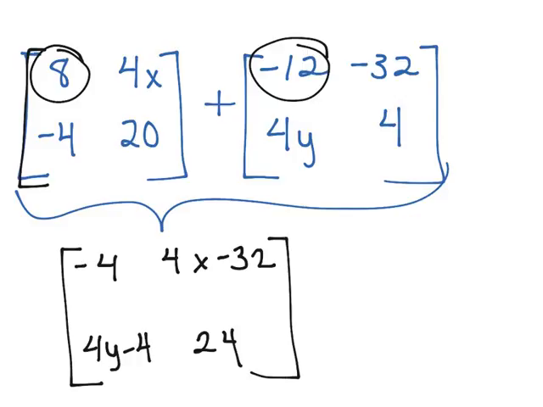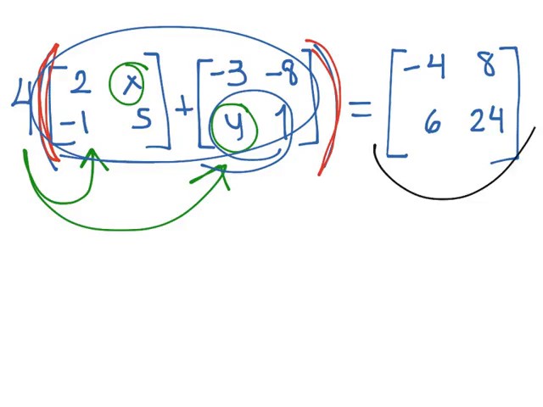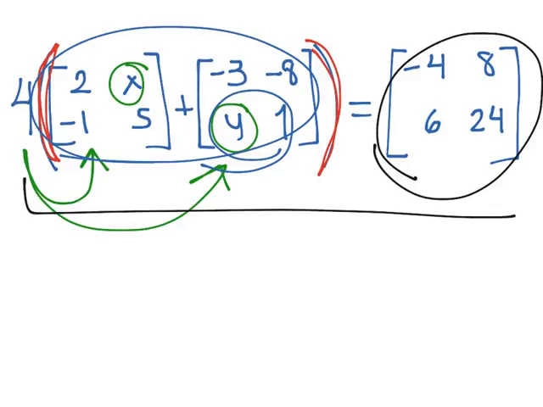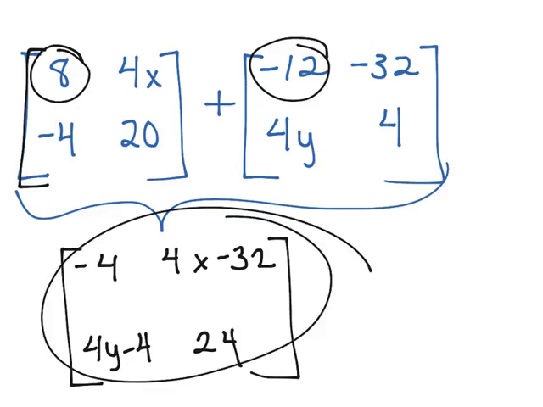Very well. Now that's equal to this matrix right here. So every kind of information that I'm getting is just from our original equation. And so we must set this matrix right here equal to the matrix that we had previously.